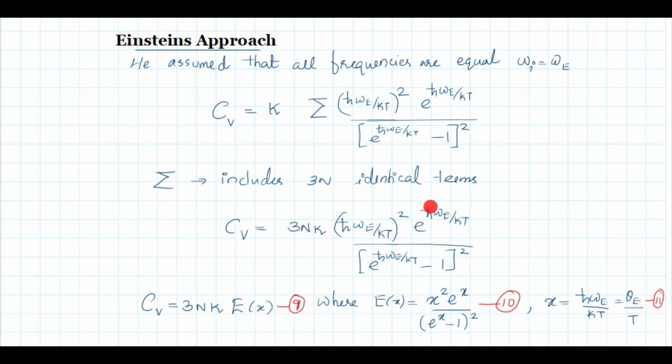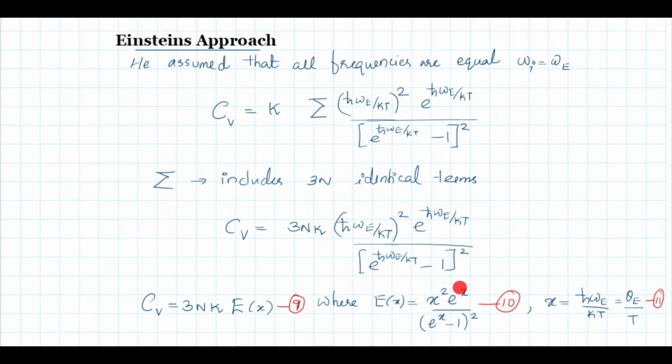I will call these terms E of x, with x equal to h cut omega E by kT. If you name this quantity h cut omega E by kT as x, then this quantity is nothing but x square e raised to x divided by e raised to x minus 1 whole square.